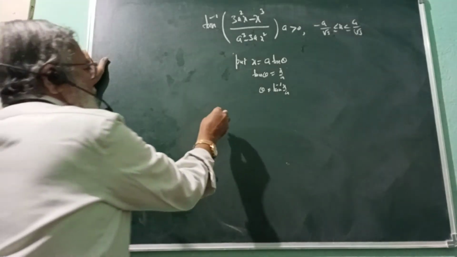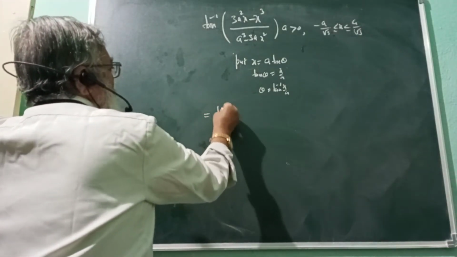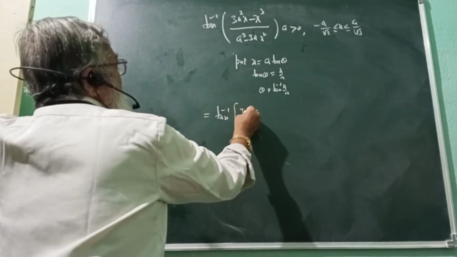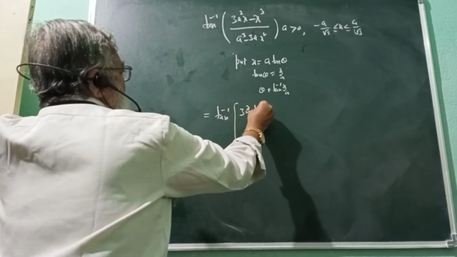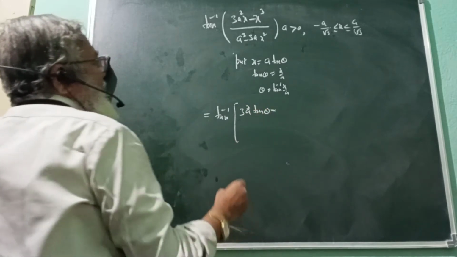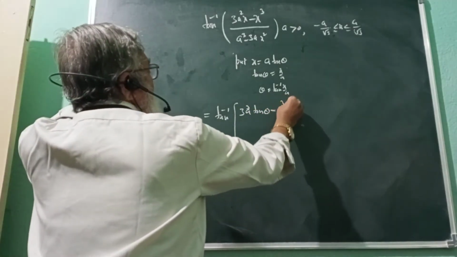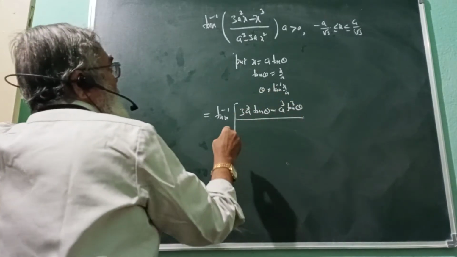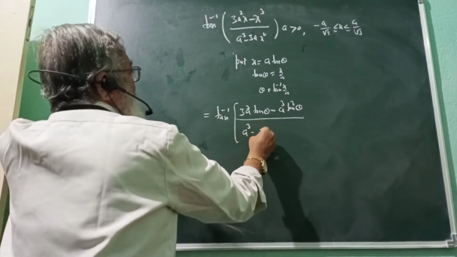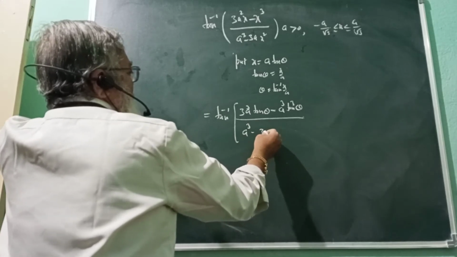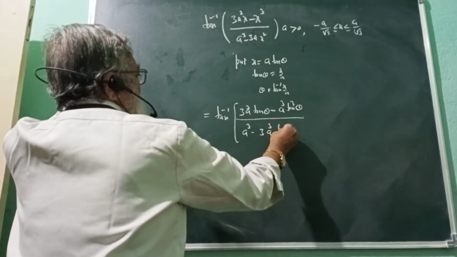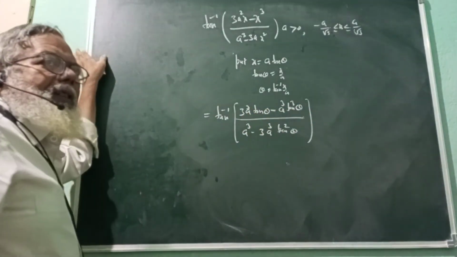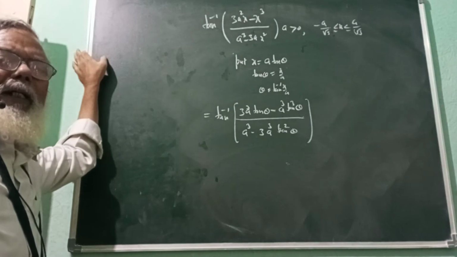Now we write this as tan inverse of (3a cube tan theta minus a cube tan cube theta) divided by (a cube minus 3a into a square tan square theta, a cube tan square theta). In the numerator and denominator, a cube can be taken common and cancelled.